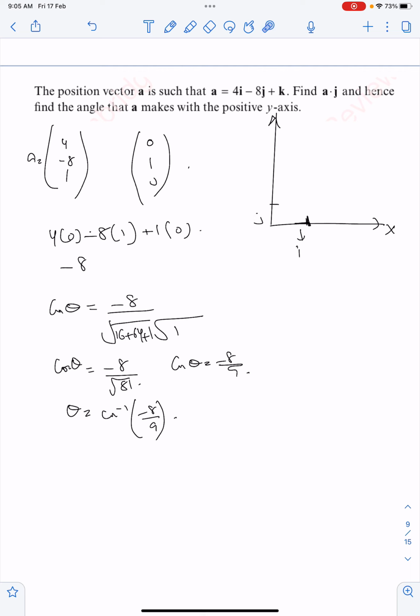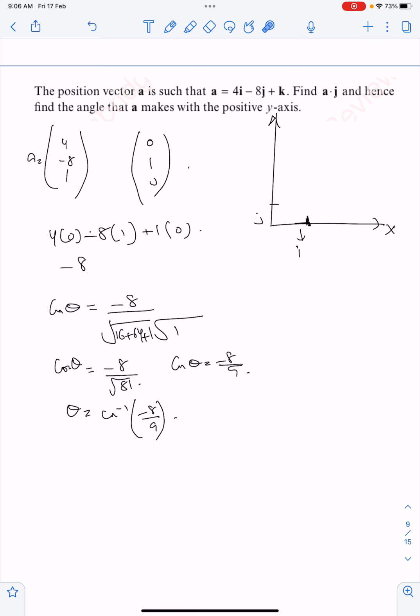If you want, you can just avoid writing negative here and find cos inverse of 8 upon 9. Whatever the angle is, because cos is negative in the second quadrant, you have to find the obtuse angle between the two. Whenever the value of cos is negative, it's an obtuse angle. It's in the second quadrant, because cos is positive in the first quadrant.